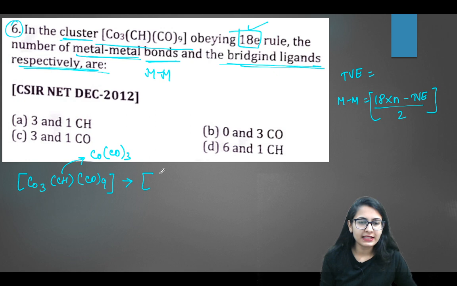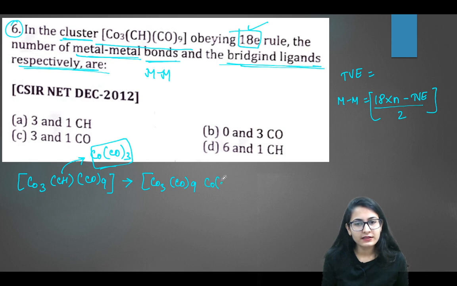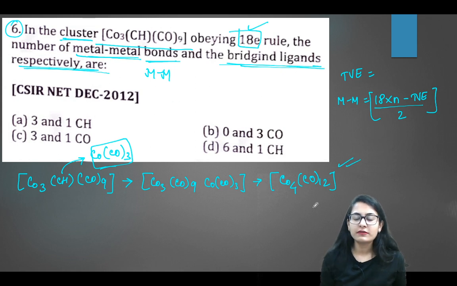Okay, so yes, let's see quickly what happens if we replace CH with this fragment. You were already having Co3(CO)9, it is going to be Co(CO)3. Isn't it the same thing that we have done? Co4(CO)12. We have already seen the structure of this complex.